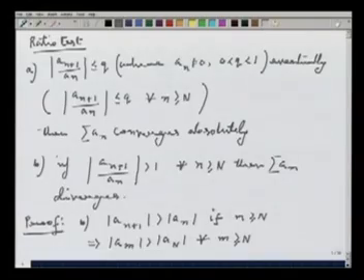This simply means that the coefficients a_n of the infinite series don't converge to 0, because if a_n converges to 0, then after some stage they have to be less than epsilon for arbitrary choice of epsilon. In other words, they can be made arbitrarily small after some stage. But here we see that it can never be made smaller than modulus of a_N, because it is always bigger than modulus of a_N.